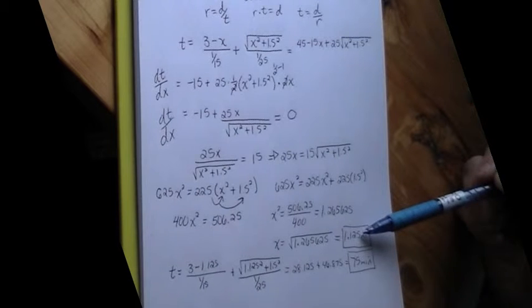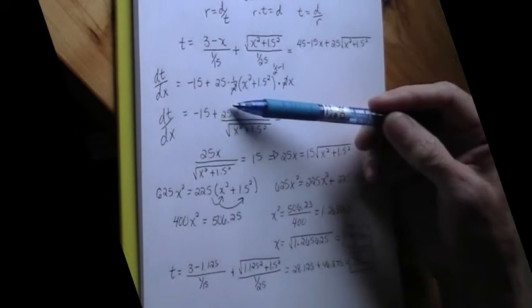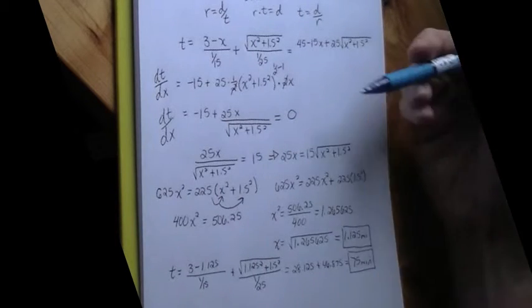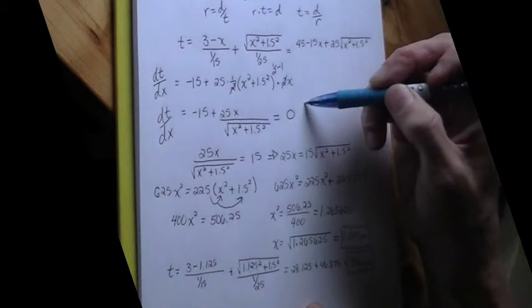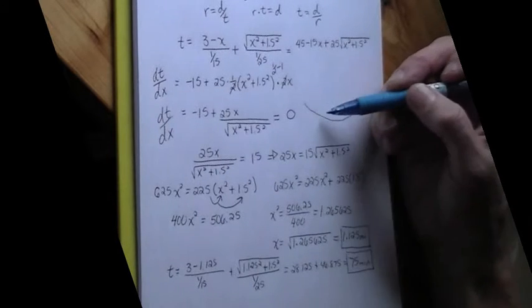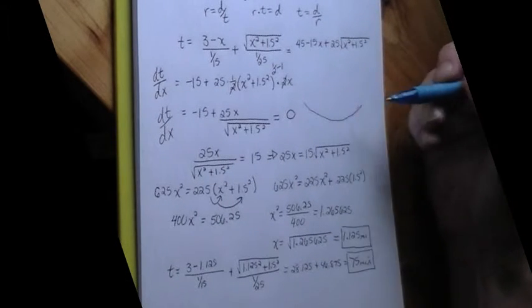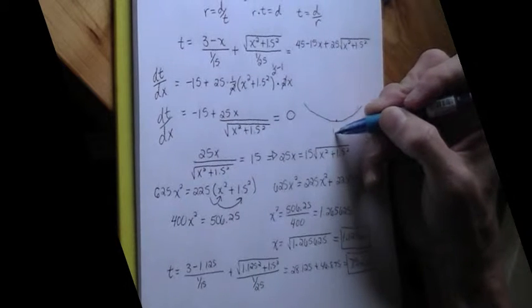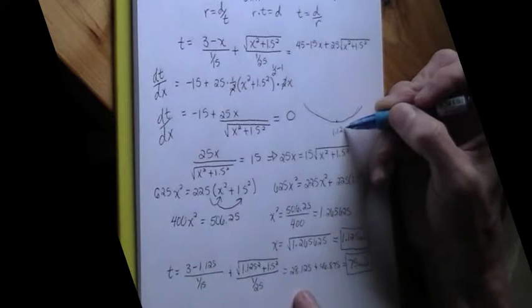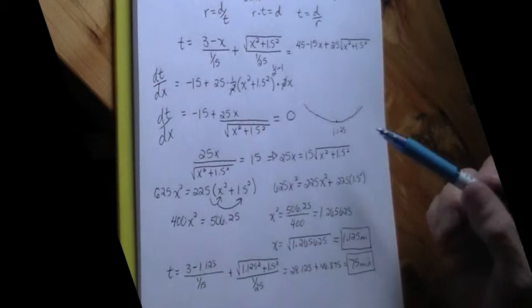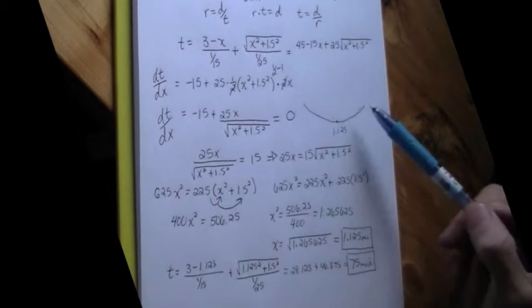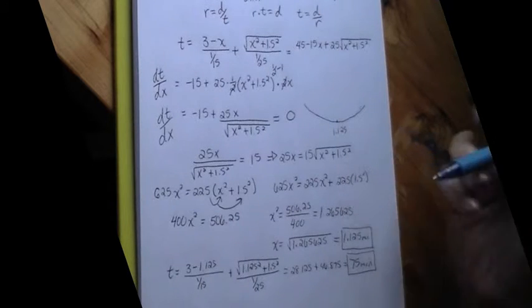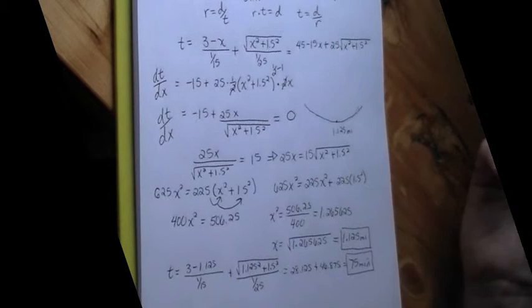And then if I plug a number slightly bigger, like 1.5, in, if I get a positive number, it means that my graph was making a shape like this. So I was going down and then I started to go up, and so the minimum occurs where your derivative equals 0. That first we're decreasing and then we're increasing at 1.125 miles is where we hit the minimum.